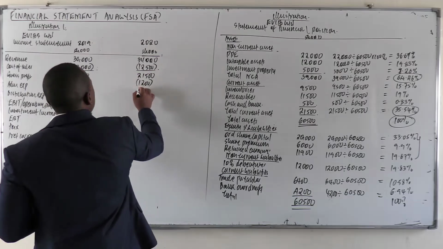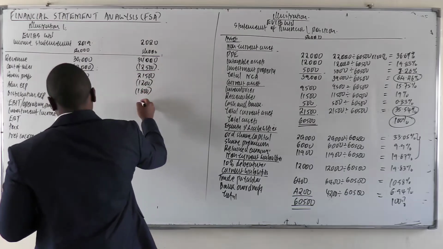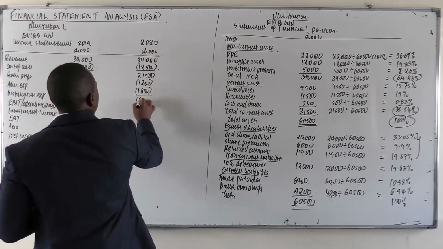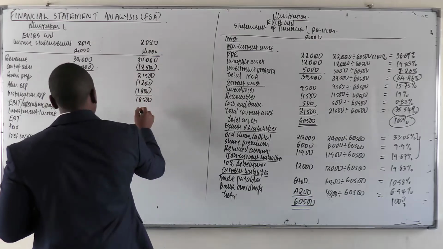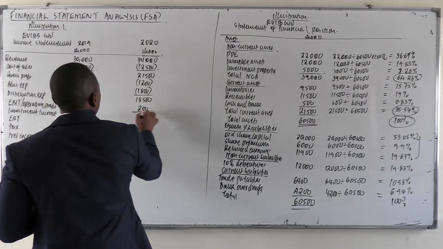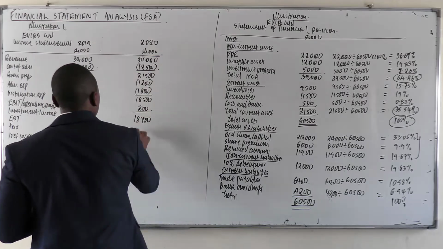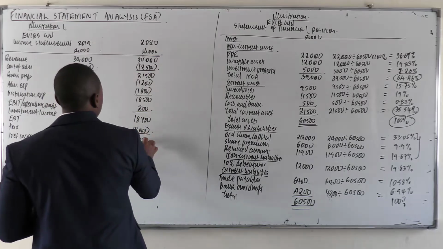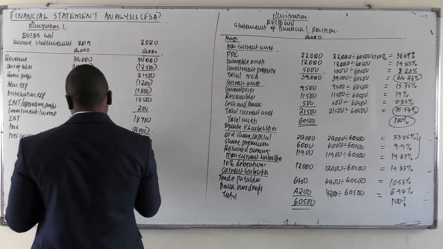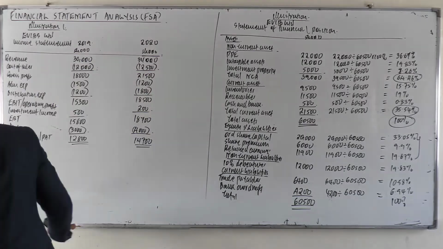And then we have 1,800 for us to get 18,500. 200 to get 18,700. Then we raise 4 to get an amount of 14,700. Good. So now how do we perform the trend analysis?